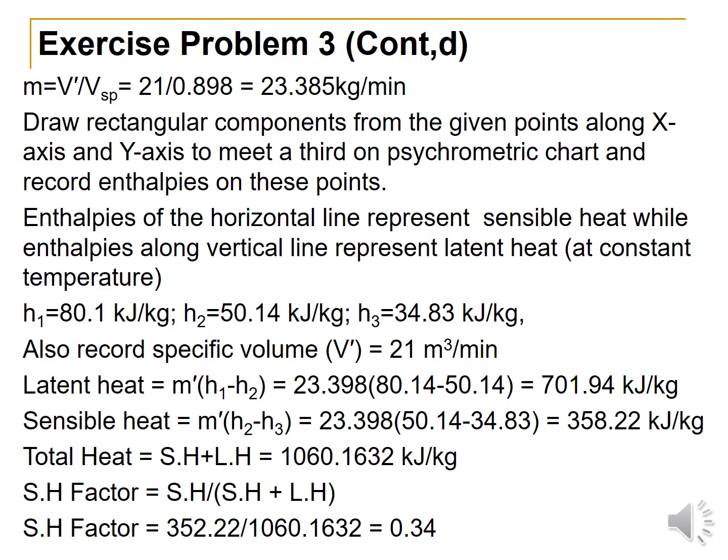Total heat, sensible heat plus latent heat, is 1060.1632 kilojoules per kg. And sensible heat factor formula is sensible heat over total heat, that is the sum of sensible and latent heat, and its value comes to be 0.34. It's unitless.